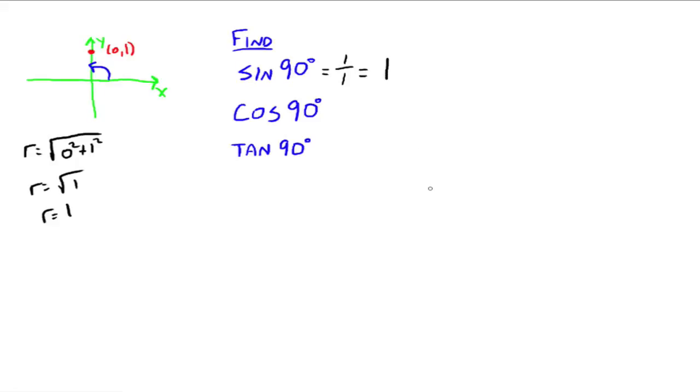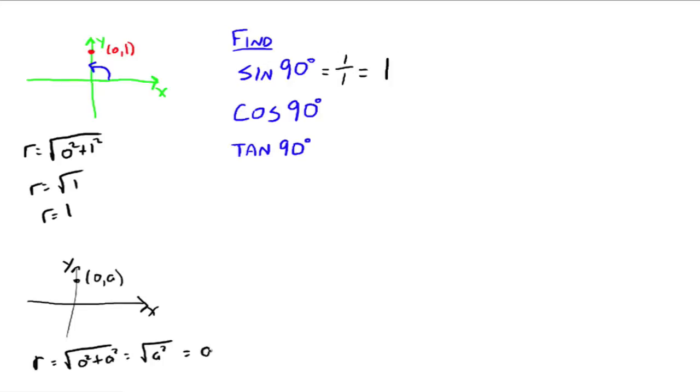That would be true even if this wasn't the point 0, 1, wouldn't it? What if that was the point 0, a? What if we said our point is 0, a? Then r would equal the square root of 0 squared plus a squared, which equals the square root of a squared, which equals a.